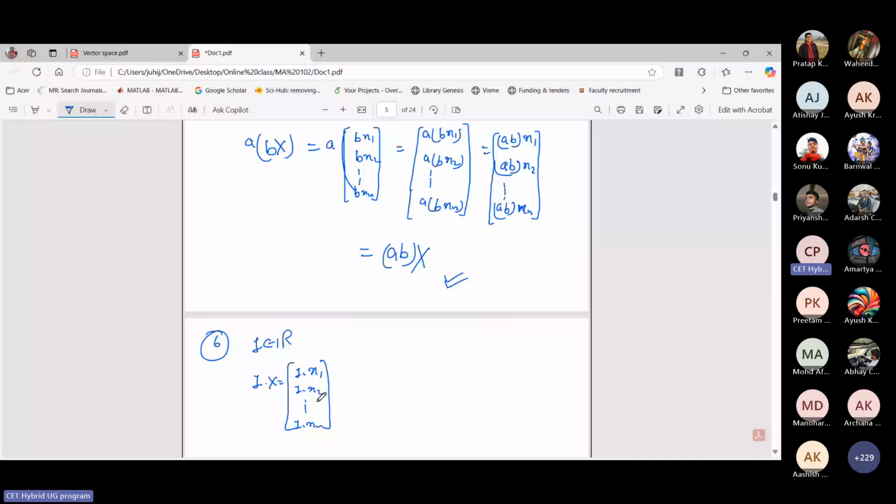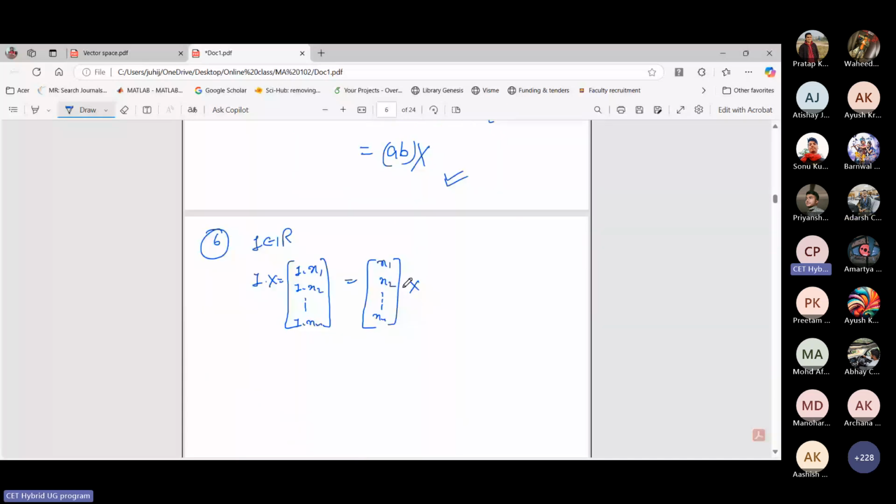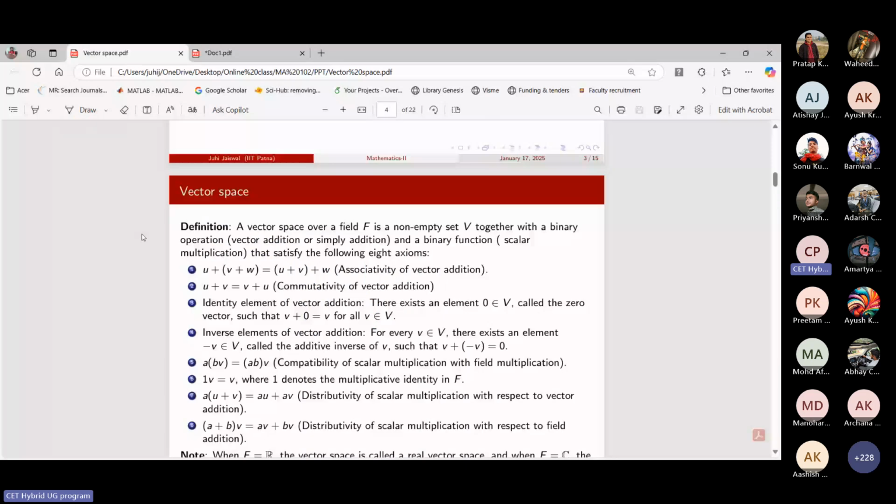That is x1, x2, xn, and this is nothing but x. So this condition also holds: 1 into V is equal to V for every V in V.